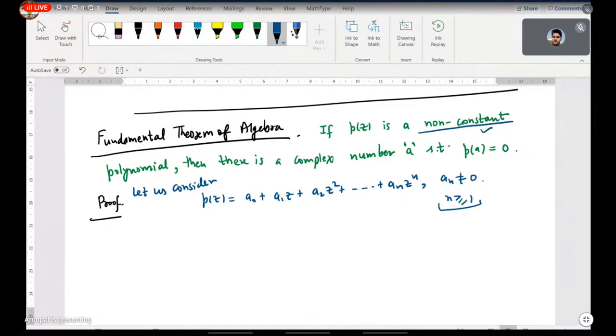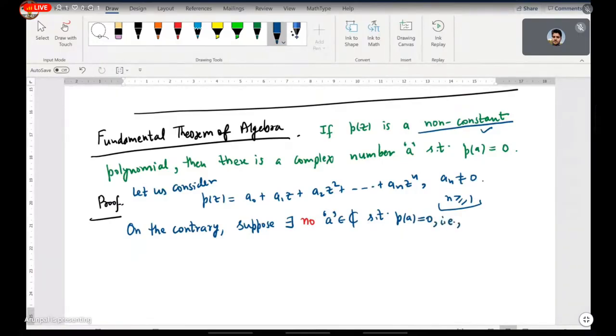So we will start with the contrary approach. We will assume, suppose it has no root in C. On the contrary, suppose there exists no a in C such that P(a) is equal to 0.